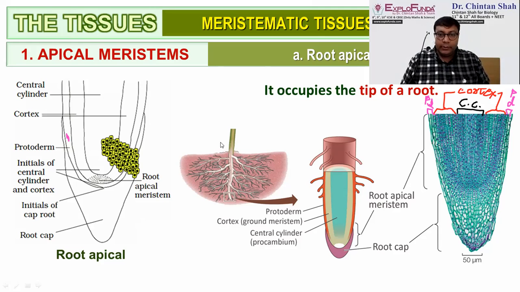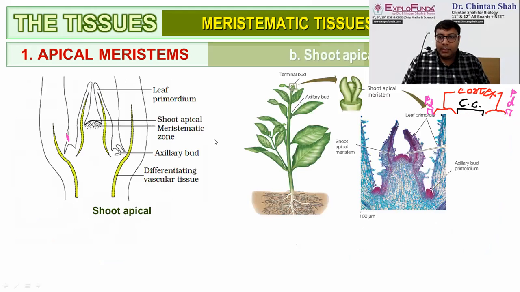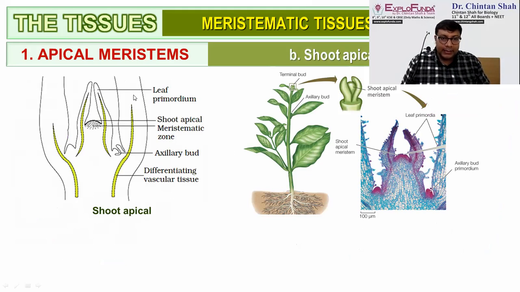Let's go further. It occupies the tip of the root, and now about the shoot apex. In the shoot apex, you can see that the same diagram is replicated over here. So this is the real diagram. Leaf primordia, that will give rise to a leaf. Then this is axillary bud primordium.